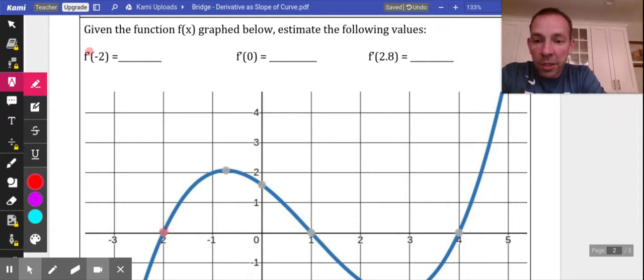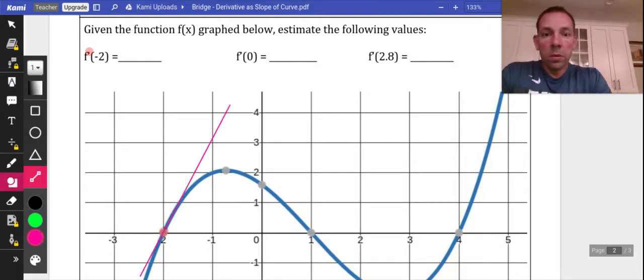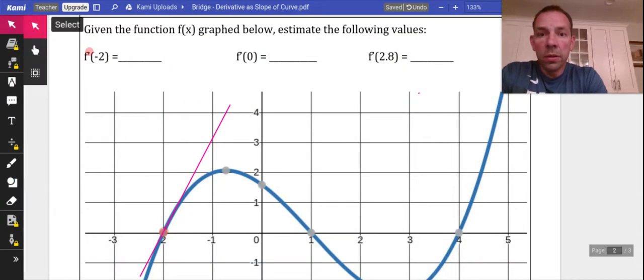So we're looking at this particular point right here, and I'm going to do my very best to draw a tangent line. Okay, so I tried to draw this cute little pink tangent line. Maybe that'll do. I just tried to skim the graph the best I could.